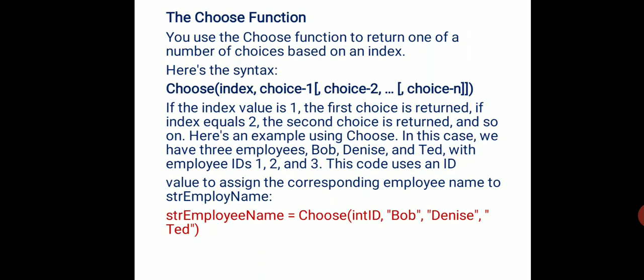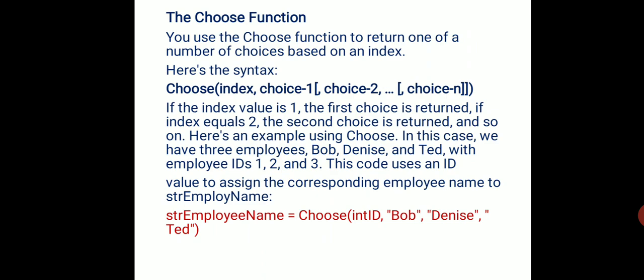Okay, so what is this? str employee name equal to choose. So we are choosing the name here. We are initializing the str employee name variable with the corresponding name. So str employee name equal to choose, index is int id. See, the employee IDs are 1, 2 and 3.